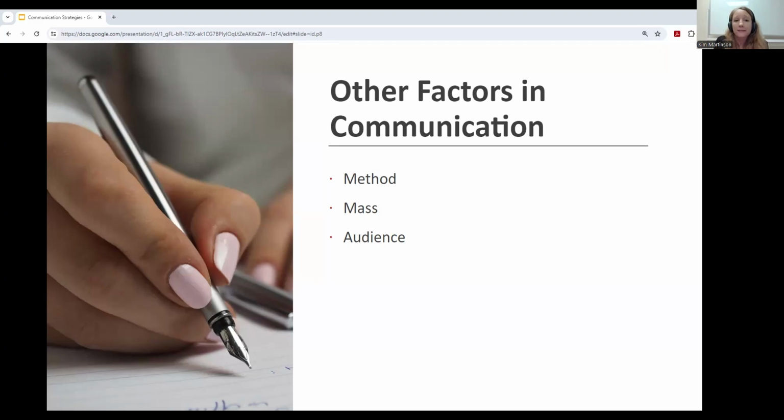Then mass, the number of people actually receiving the message, and then audience. The person or people receiving the message affect the message too. Their understanding of the topic and the way in which they receive your message can affect how it is interpreted and understood.